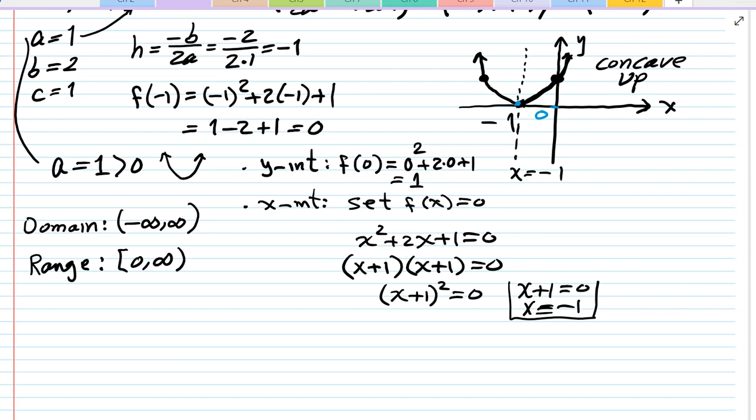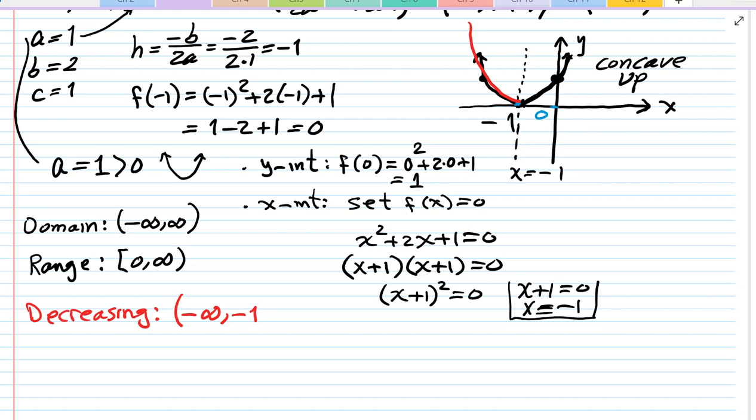And let's do our increasing and decreasing intervals for the function. If you remember, we go from left to right on the x-axis. And as you go from left to right, it looks like the graph is dropping. Let me just put decreasing. The function is decreasing from negative infinity on the x-axis up to negative 1.